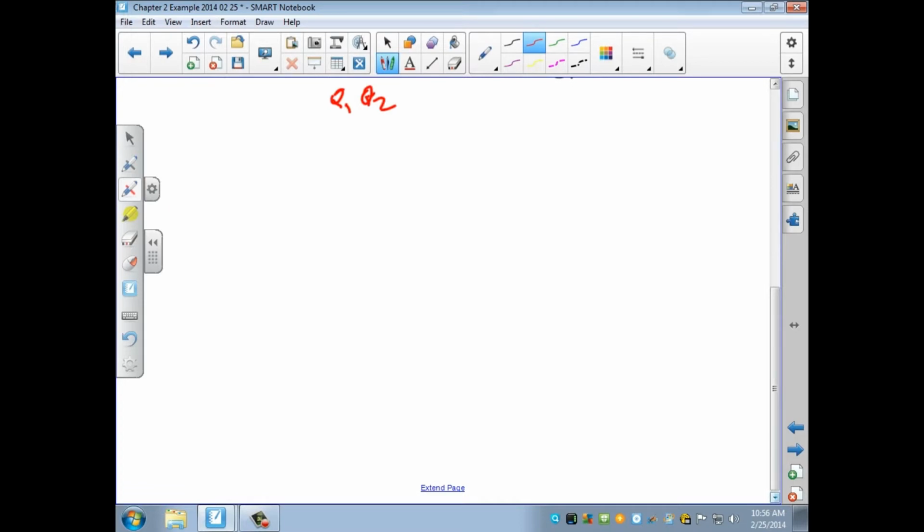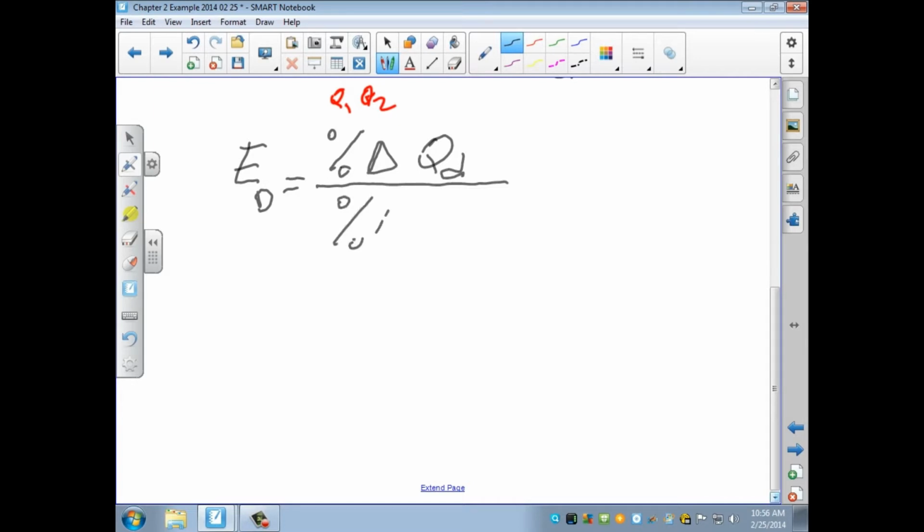So based on that, we can come up with a formula and say that elasticity, demand elasticity, if you will, equals percentage change in quantity demanded over percentage change in price of the product. Okay?